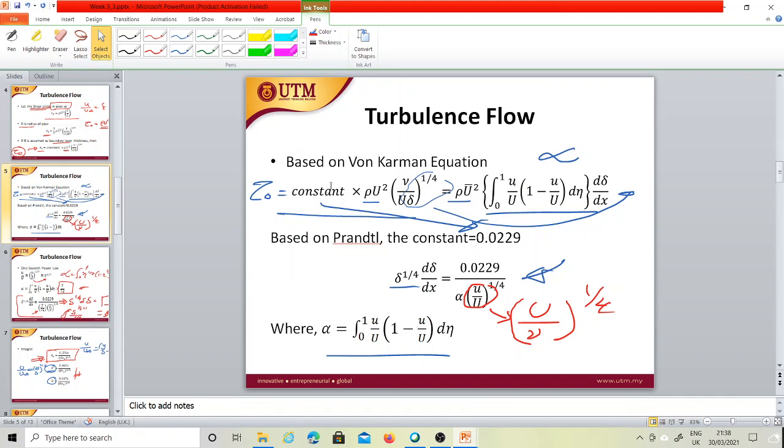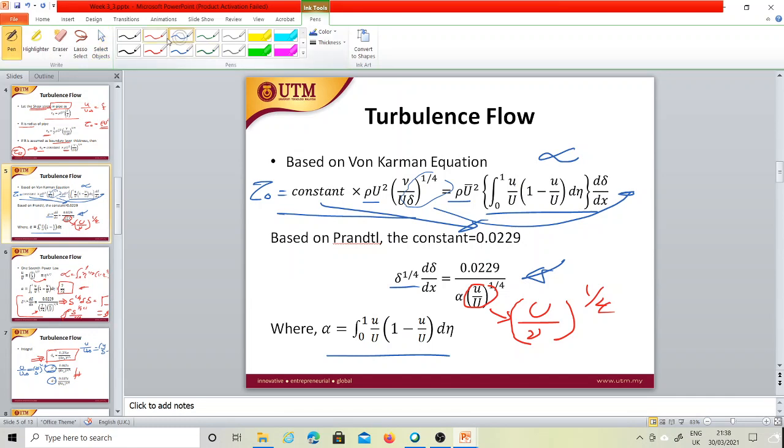So tau naught will be, in this case, 0.0229, then we have rho u squared, and then we have delta. So you need to put the value of delta here.